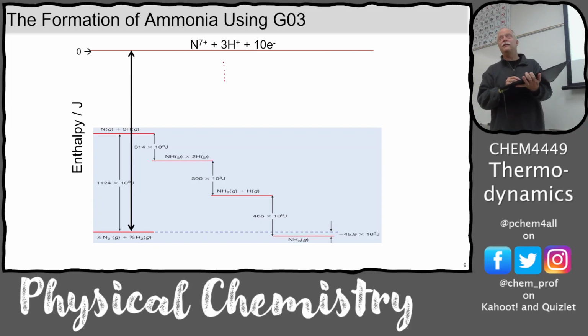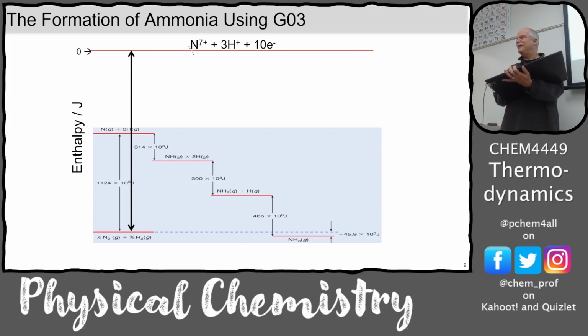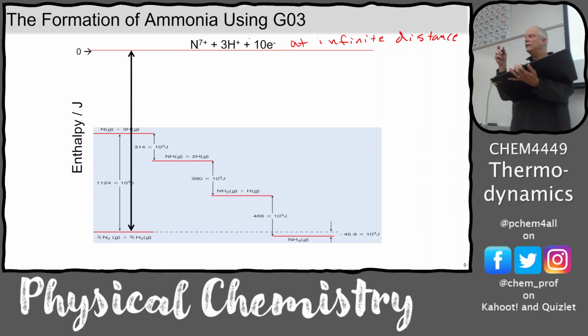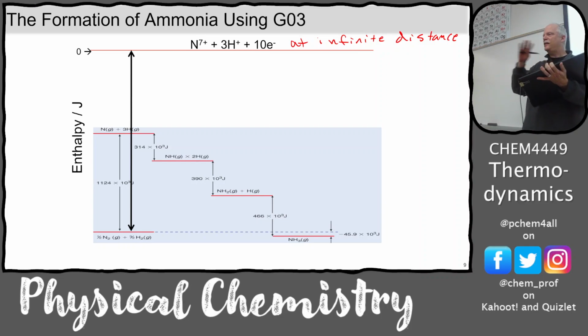An N7+ and 3 H+ and 10 electrons at infinite distance. So that you don't have the Coulombic attraction of the electrons to the nuclei, or the Coulombic repulsion of the nuclei from each other, and so on. So basically, that would be 0 Hartrees.